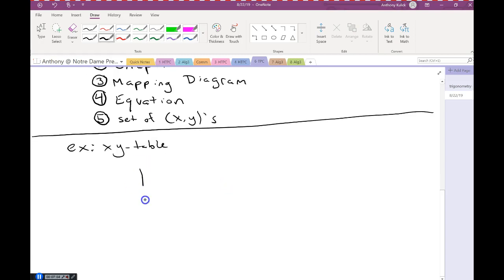So if I'm looking at an XY table here, is this representing a function? Our definition has two components.